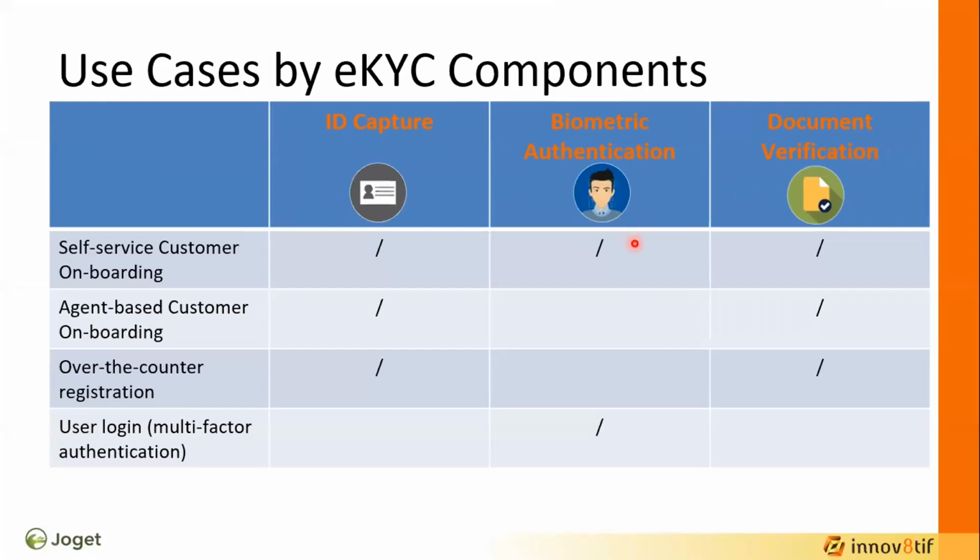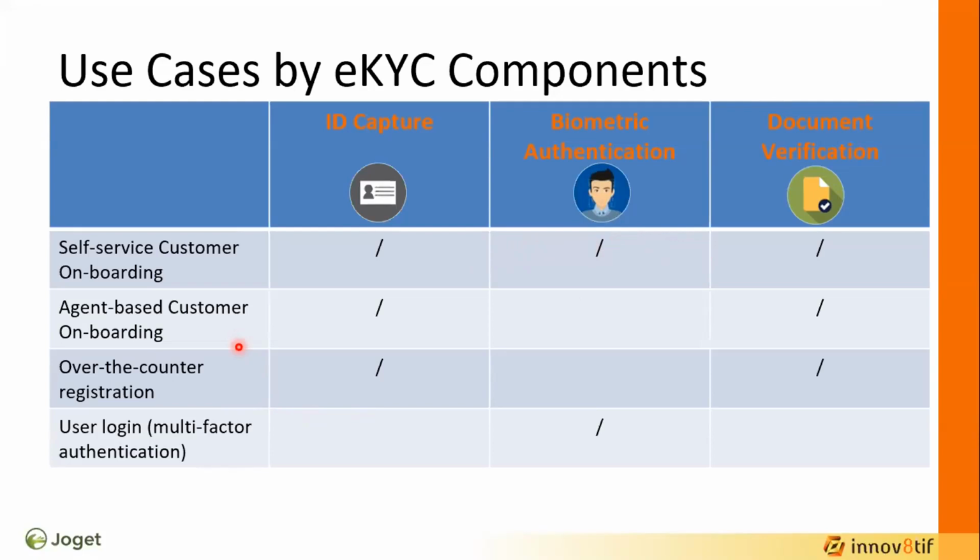All right, so some of the use cases, for example, is self-service customer onboarding. As you can see from here, it does require all 3 components. However, the strength of it being compartmentalized is that some use cases, for example, as you see from the next 2, agent-based customer onboarding as well as over-the-counter registration, do not require biometric authentication.